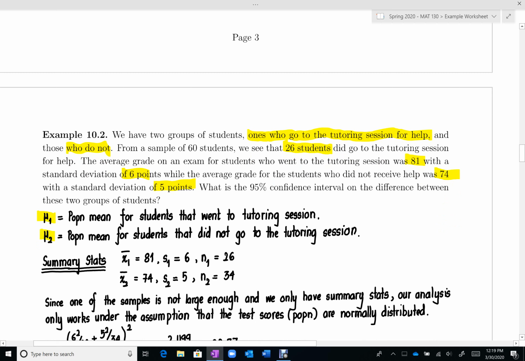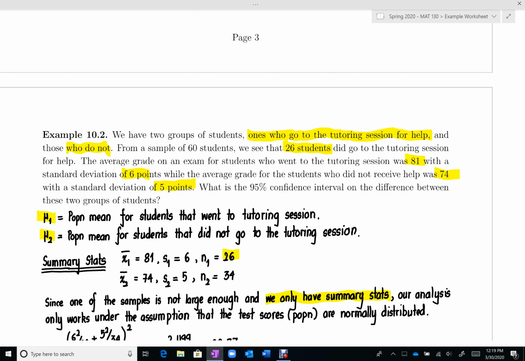We see that one of the samples has size 26, so that sample is not large enough. And we only have summary statistics, which means we can't look at the probability plot. Remember, if the probability plot was linear for the smaller sample, we could work under the assumption that it would be plausible that the sample was coming from a normal population.